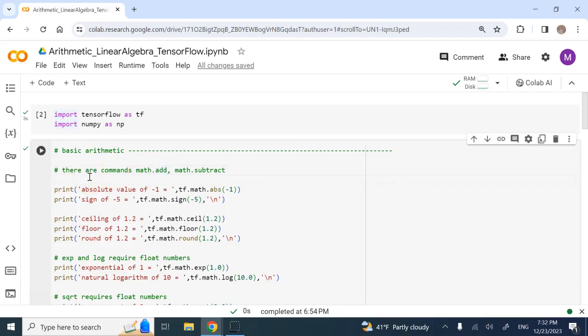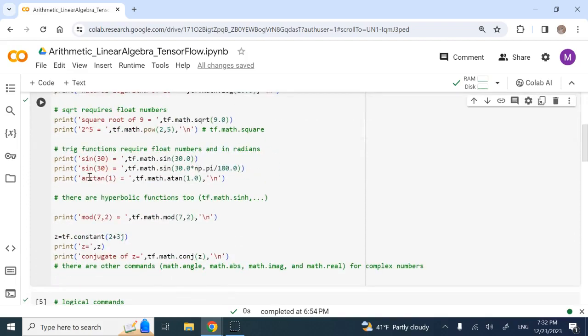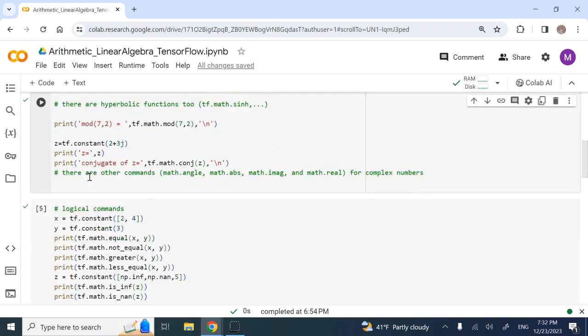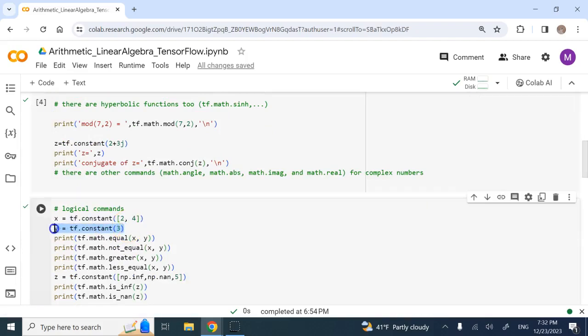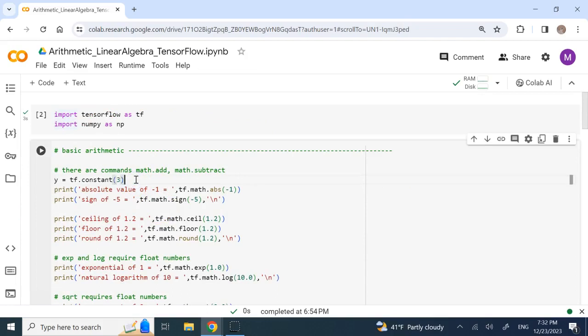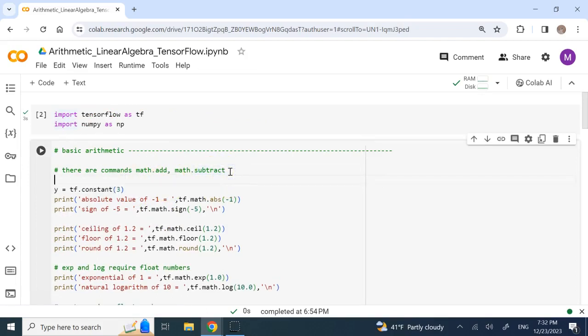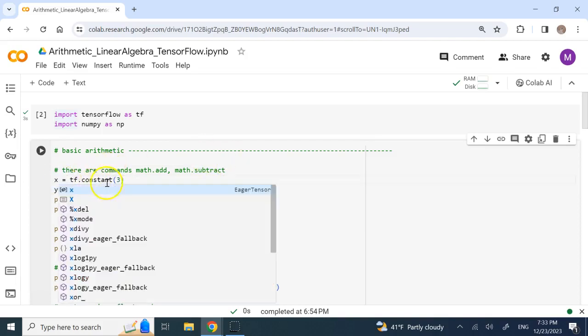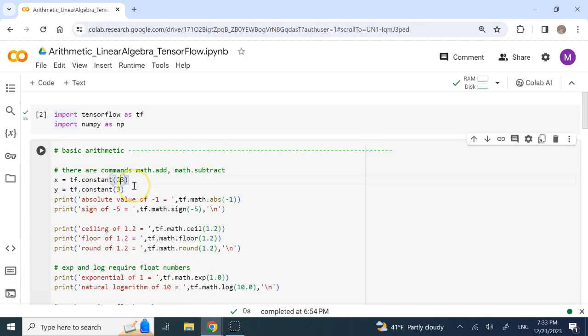So you might say, well, if I have one constant 3 and one constant 2, two tensors, can I simply add them together, right? So something like this. Let me show you. You define y as tf.constant 3, and another one, x, is tf.constant 2, and you want to add them together.